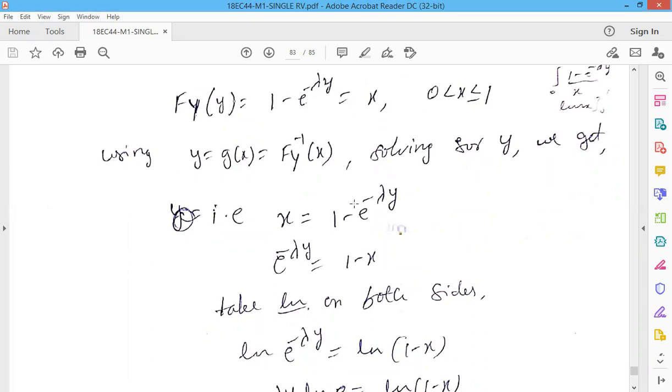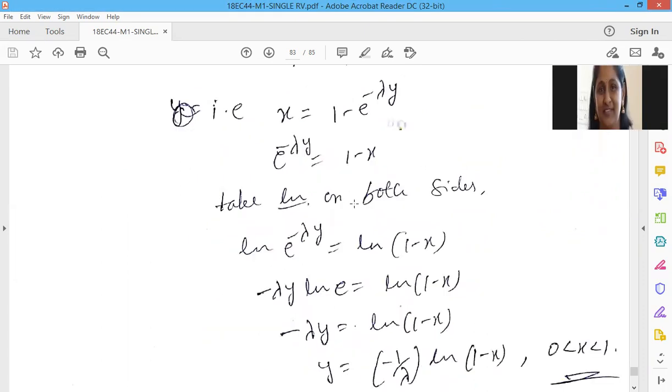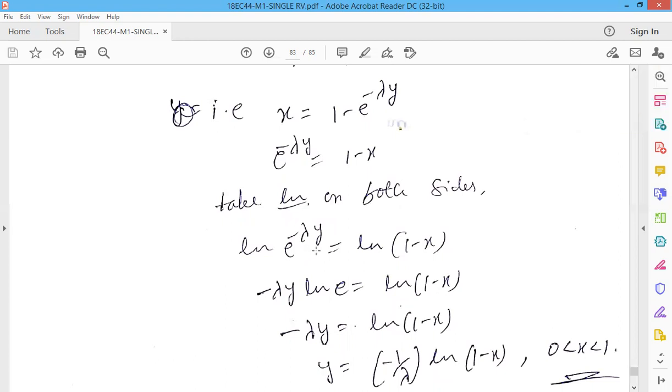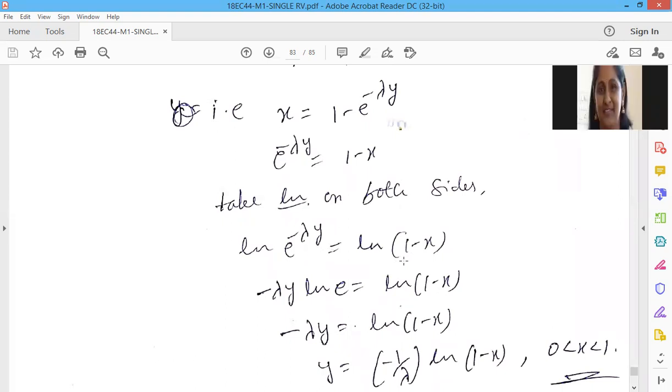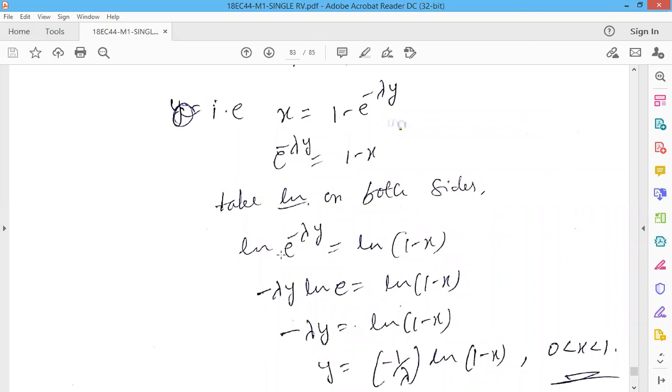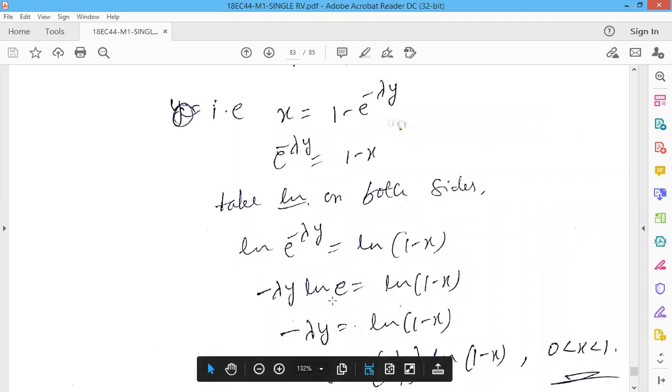Now for this we are going to take the logarithm on both sides. Taking the logarithm on both sides, we get ln of e to the power minus lambda y is equal to ln of 1 minus x. Here ln of e to the power minus lambda y can be written as minus lambda y ln e is equal to ln of 1 minus x.